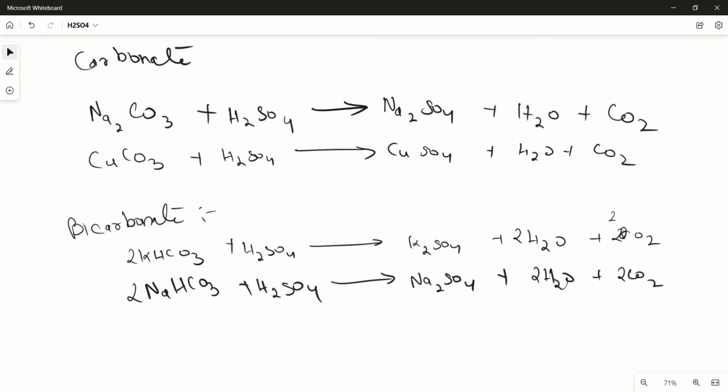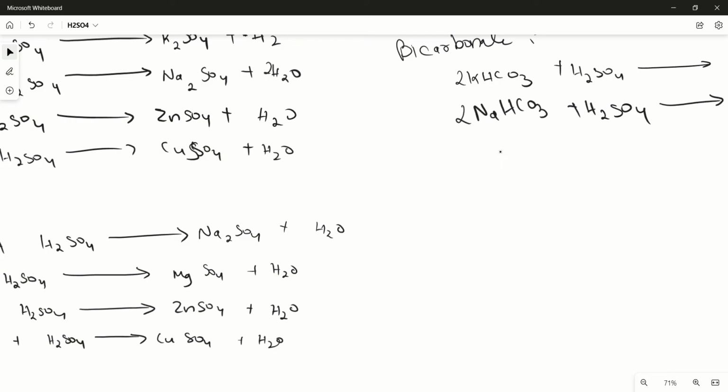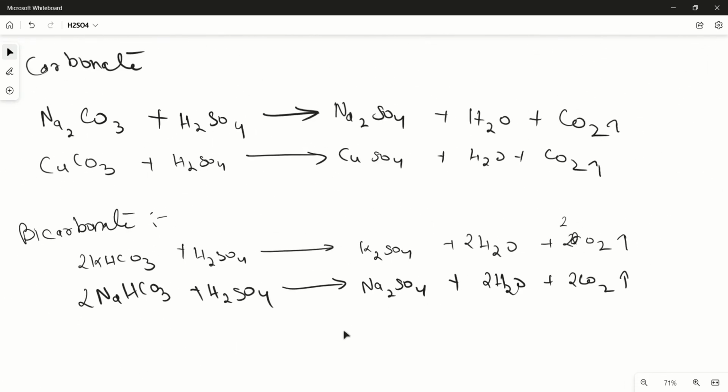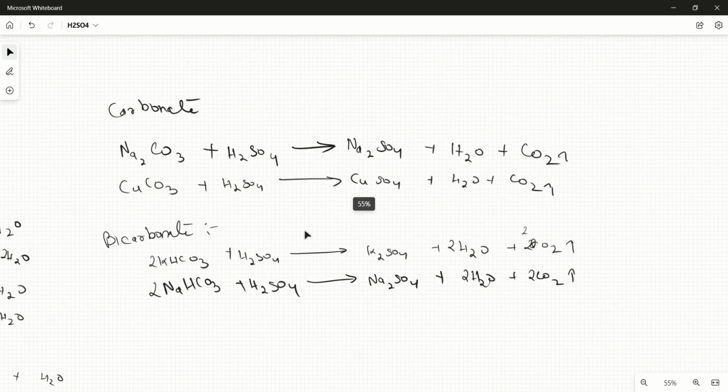I think it's balanced. Yep, it's balanced. All of these are precipitates, by the way, except the water, of course. The water is not precipitate, but the hydrogen would be precipitate. Anyway, so that's carbonates and bicarbonates.